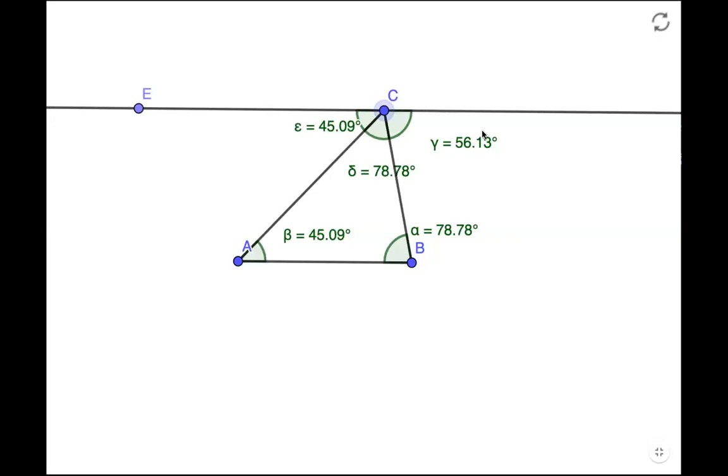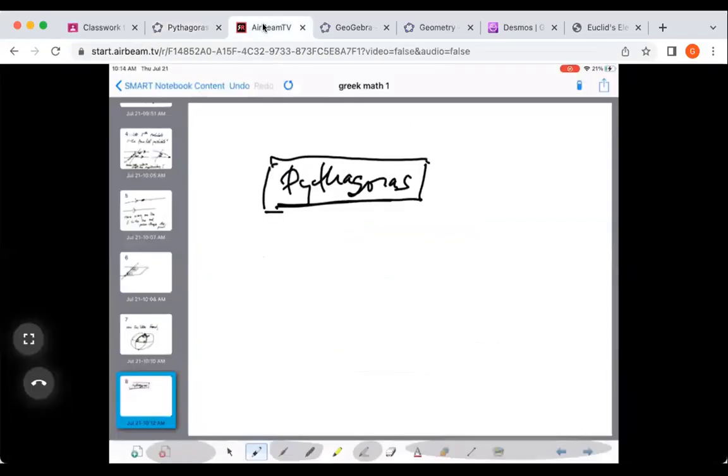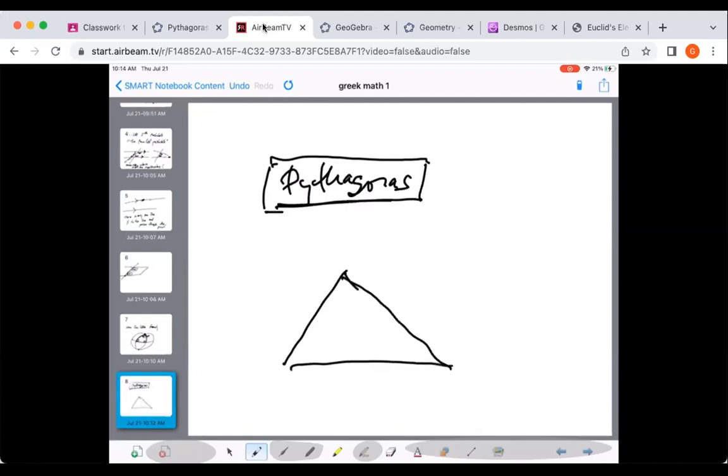I need to go back to the whiteboard to show this a little more easily. I like to do geometric proofs by putting actual numbers in. So imagine that this triangle has 50, 70, and 60 for its three angles.